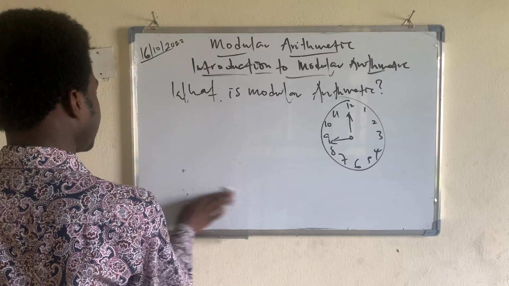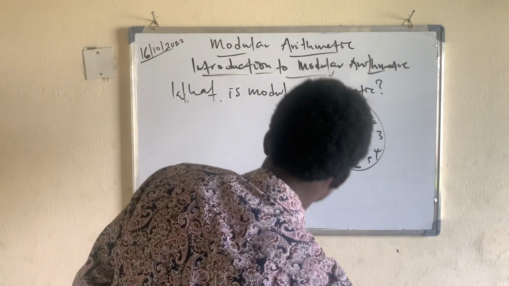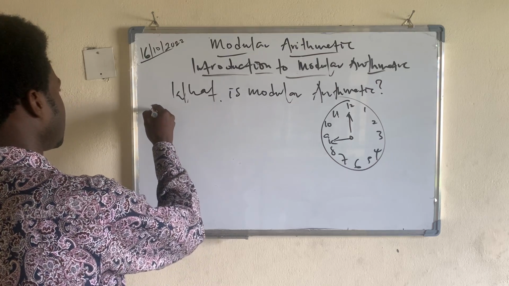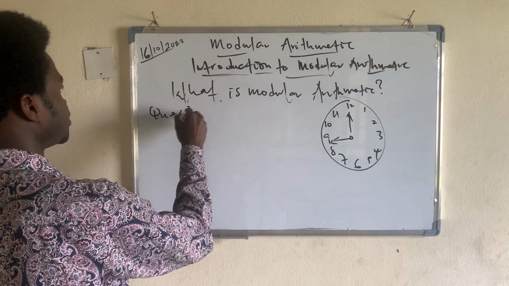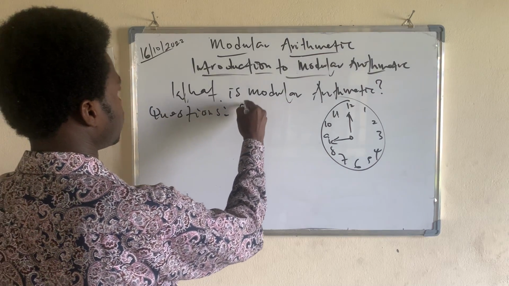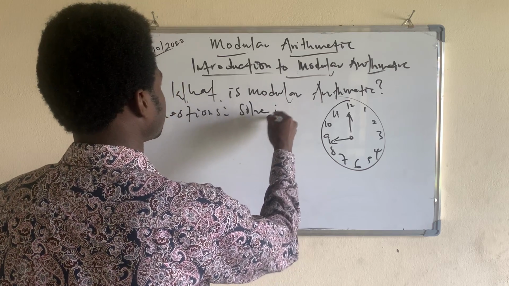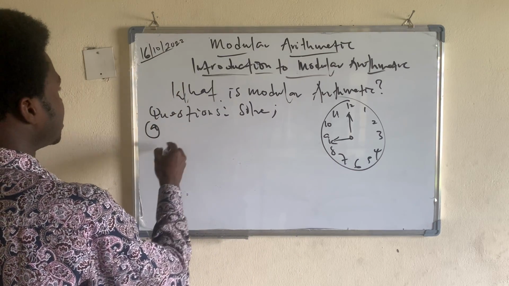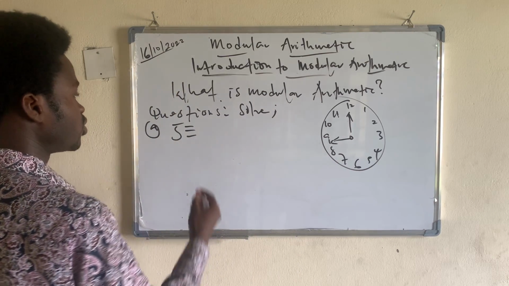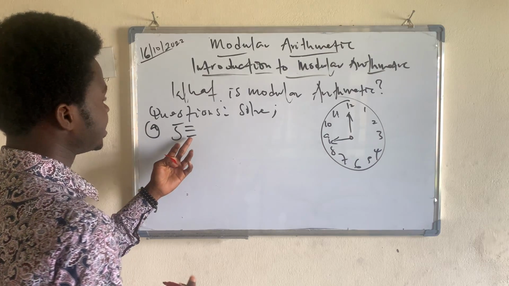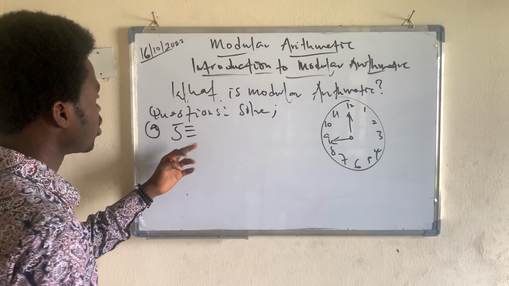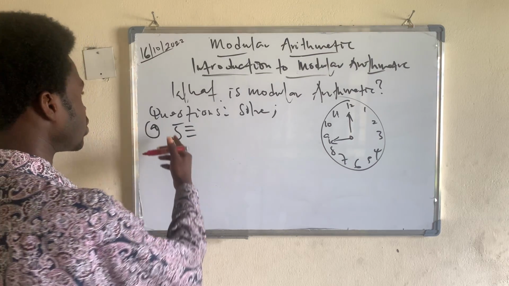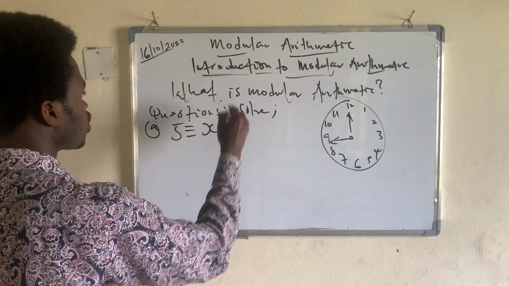Okay, so we have this question. Solve this way. Let A be that 5 is congruent to x in mode 2. This sign is the congruent sign, or you say equivalent. So we are saying 5 is congruent to what value?